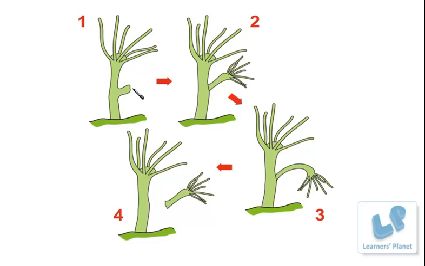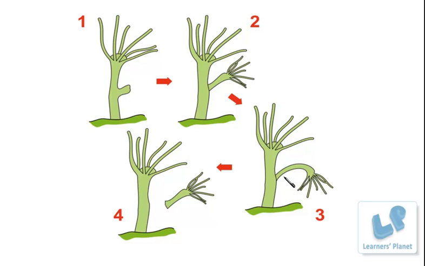And as this starts, what will happen? It will produce different parts, for example, the tentacles or any other parts of the body. So you can see here this bud is getting developed with the development of different tentacles and all. Now as these tentacles have grown and the basic parts of the body are produced, this bud tends to get detached from the mother's body.